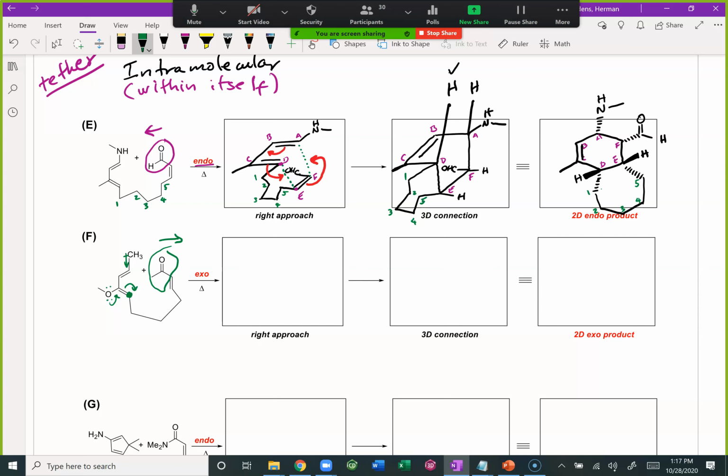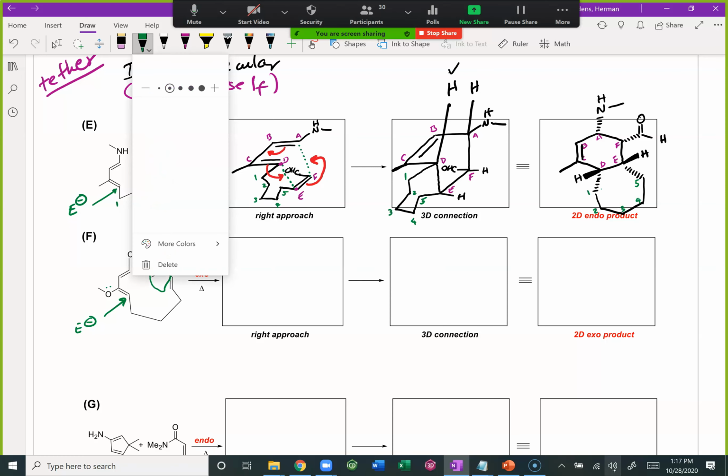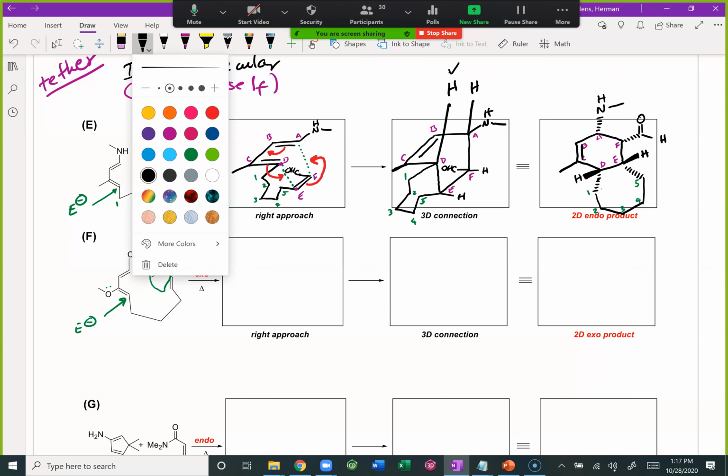So that happens to be the electronically richest carbon right there, like this one was. All right, so let's do the exo approach now.